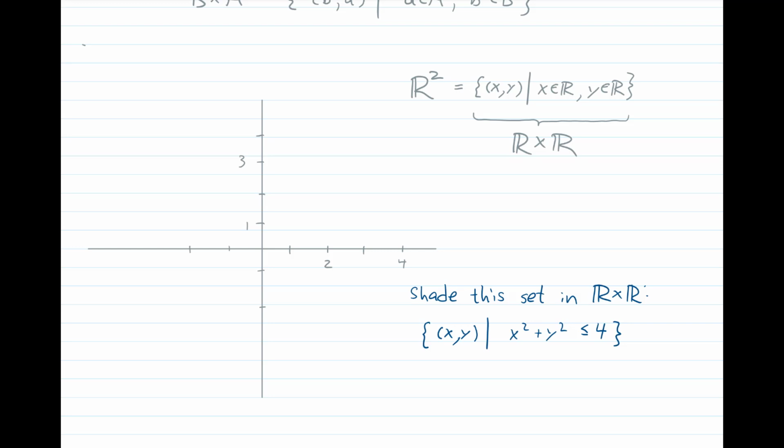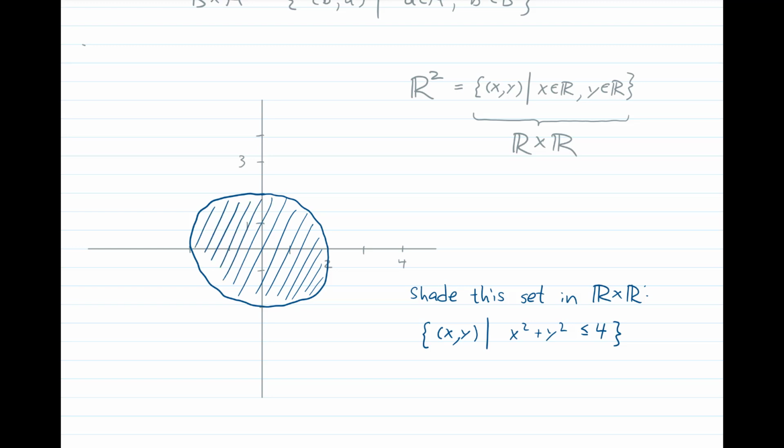The equation x squared plus y squared equals 4 is a circle centered at the origin with radius 2, right? That's x squared plus y squared equals 4. If x squared plus y squared is equal to or less than 4, then we get this disk.